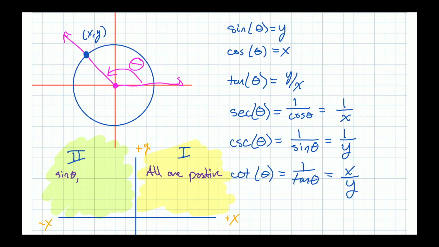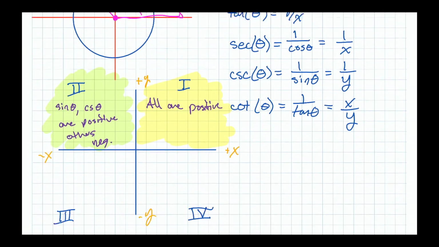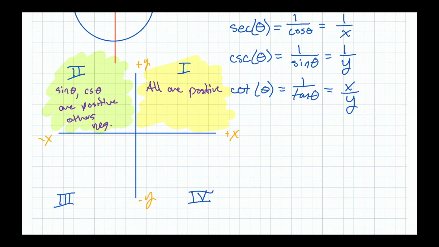The tangent is negative because you'll have y over x, one positive, one negative will give you a negative. And then the cosecant will be positive because that's the other one that has a y in it. Those are positive, others negative.